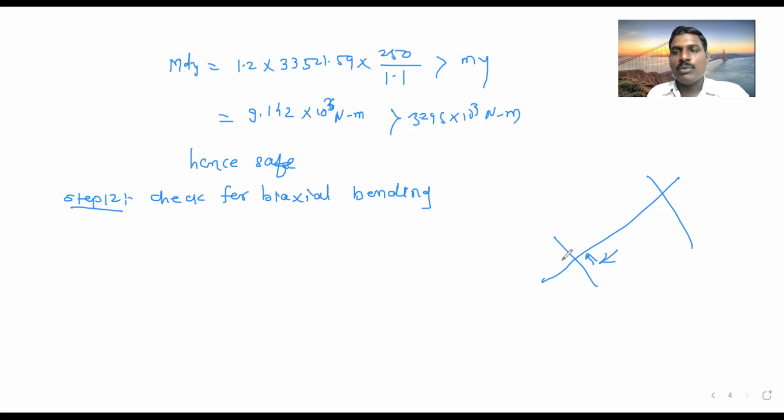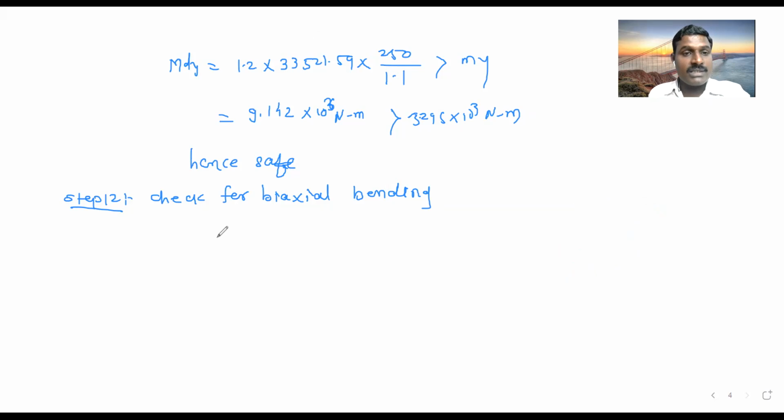The sheet load acts in both directions. So we have to calculate this biaxial moment MX and MY due to dead load, live load and wind load. Three loads are coming, in both MX and MY directions.